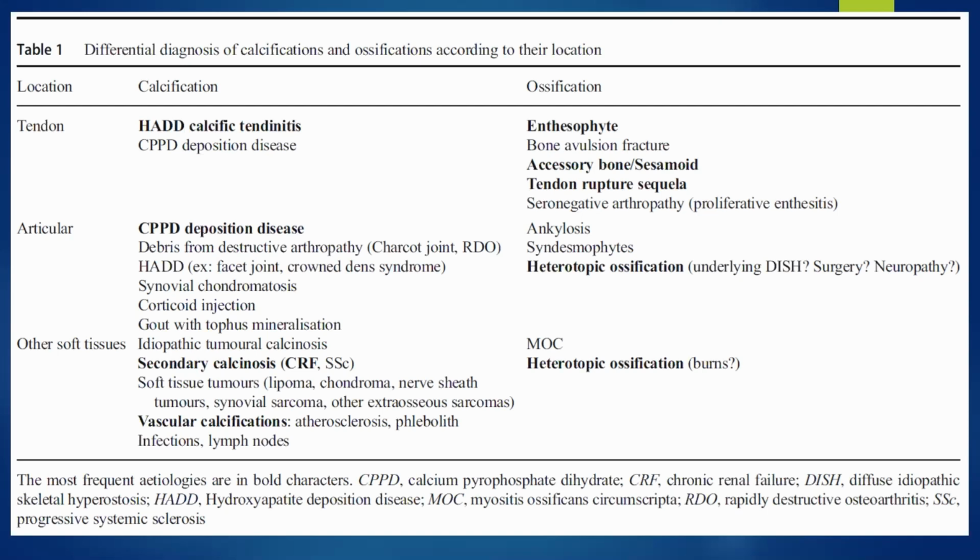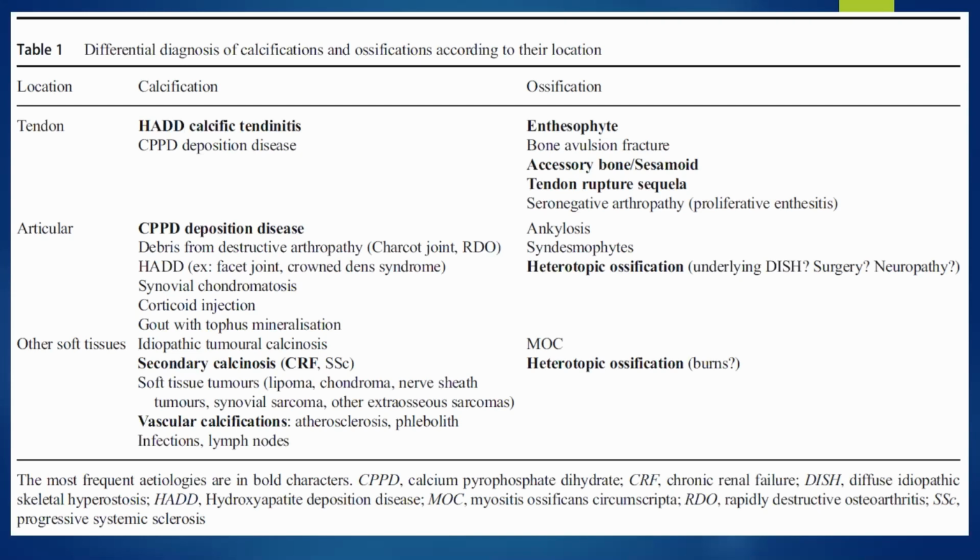If you see ossification in the articulations, this is ankylosis, as seen in ankylosing spondylitis or in the ankylosis seen in the late stage of rheumatoid arthritis. Syndesmophytes also may be seen, as seen in ankylosing spondylitis.